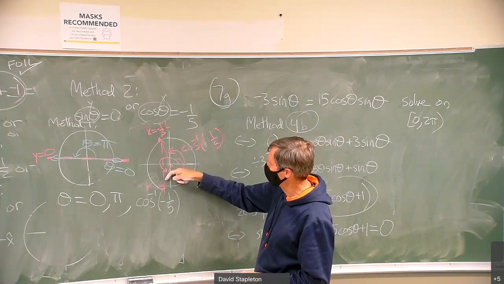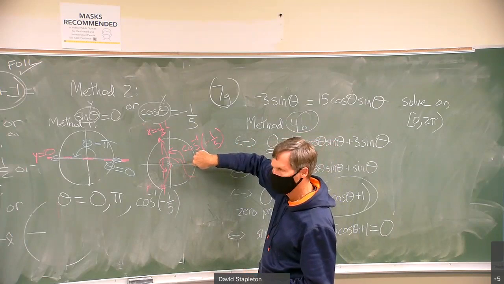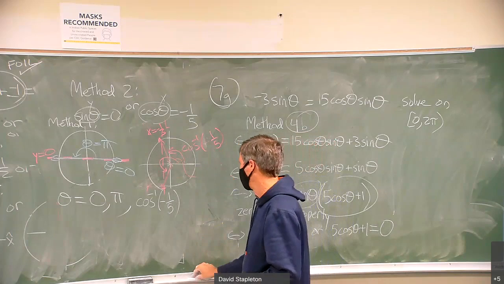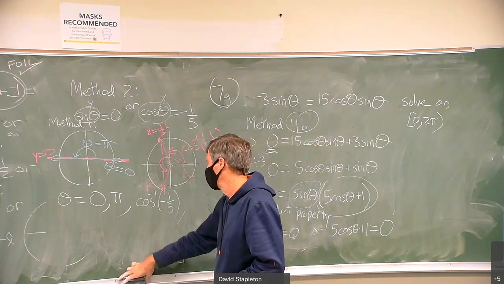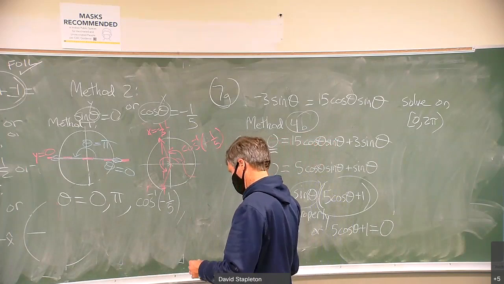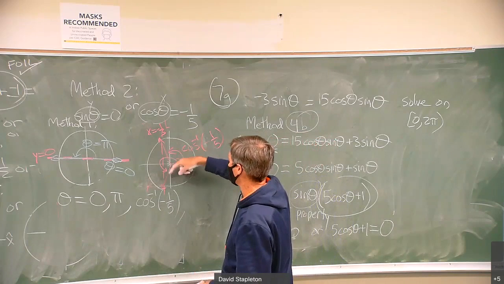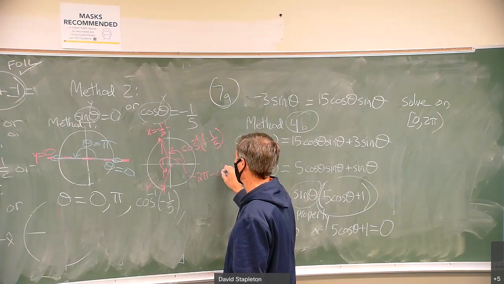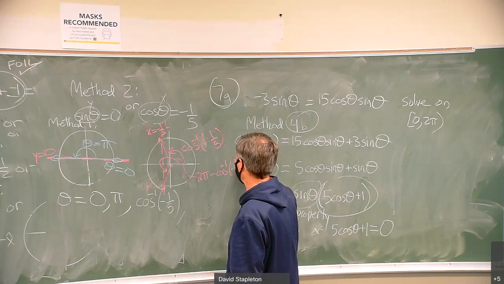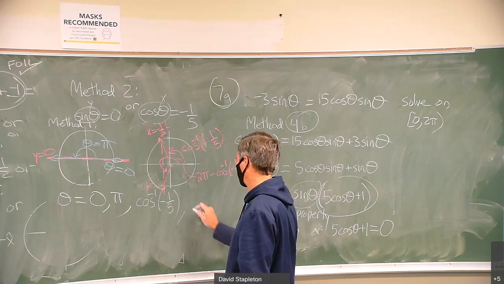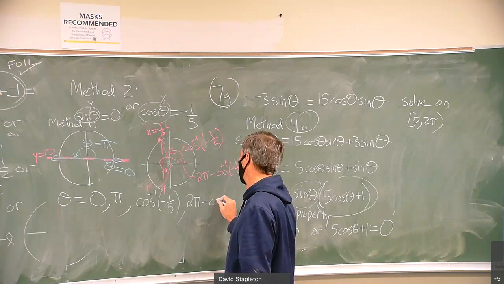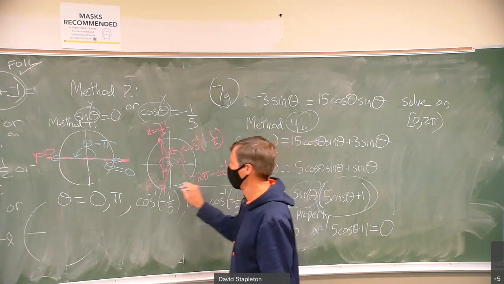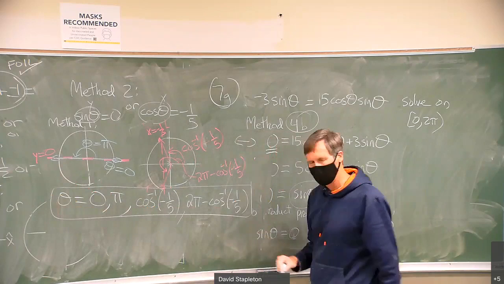By symmetry, this one is a whole rotation less this angle up here: 2 pi minus arc cosine of negative a fifth. There's the 4 exact answers. 2 of them easy and 2 of them hard, right?